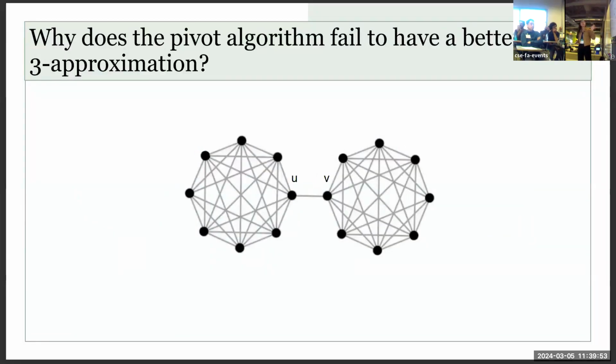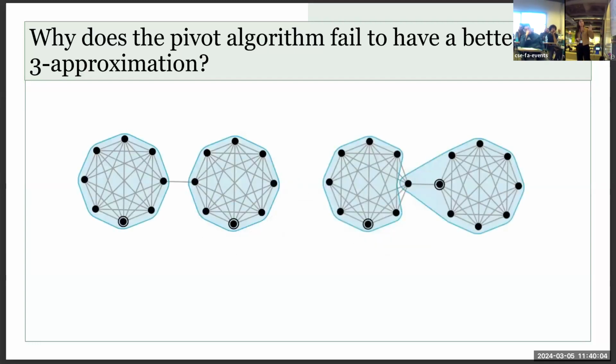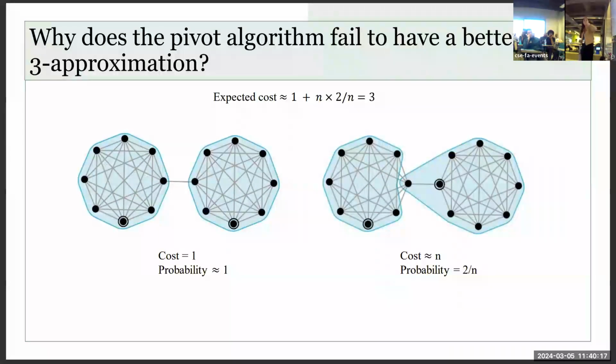Let's take a look at this example here. We have two complete graphs with an edge between them. If you want to get the optimal solution, we put each one of these complete graphs in one single cluster, and we pay a cost of 1 for this edge between the two complete graphs.